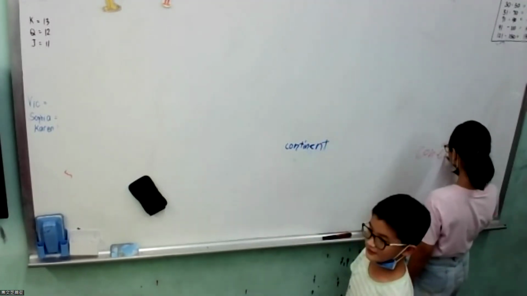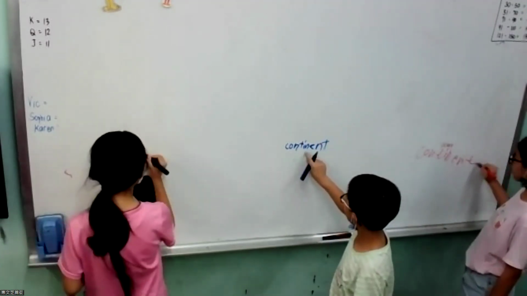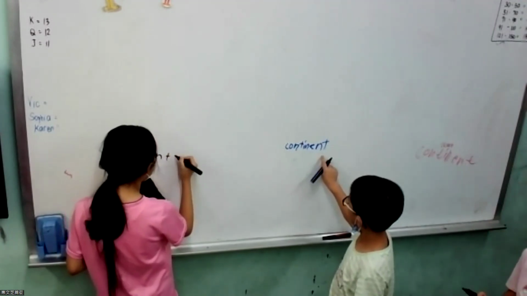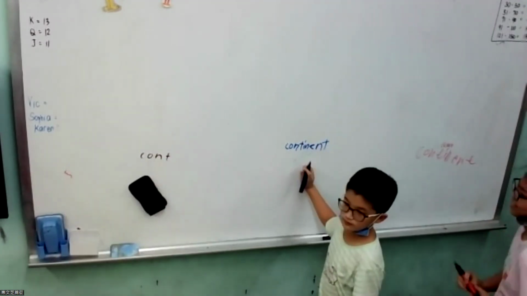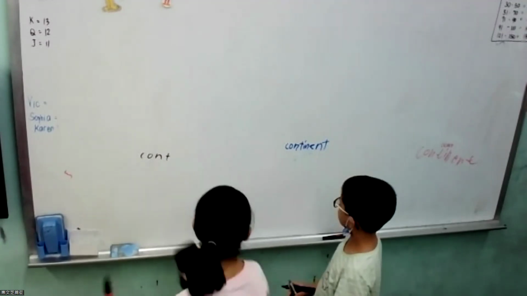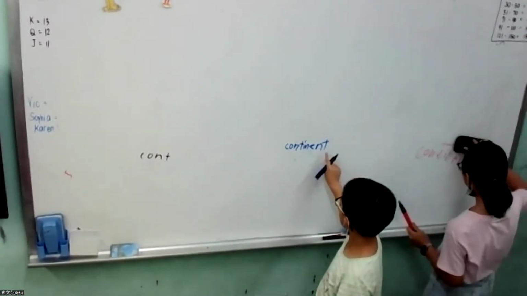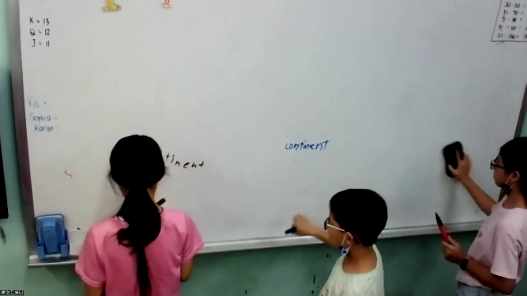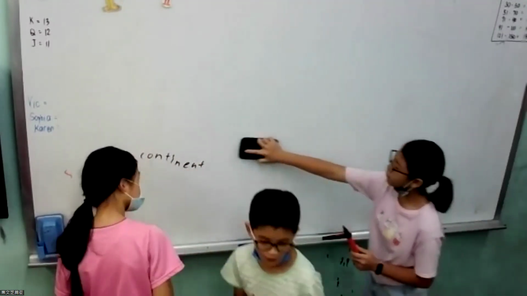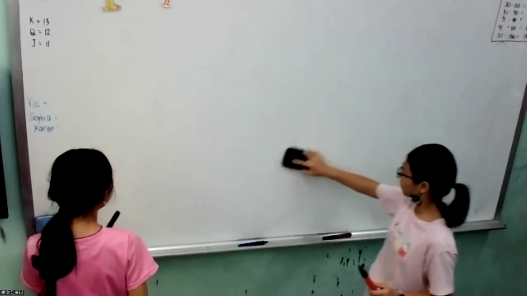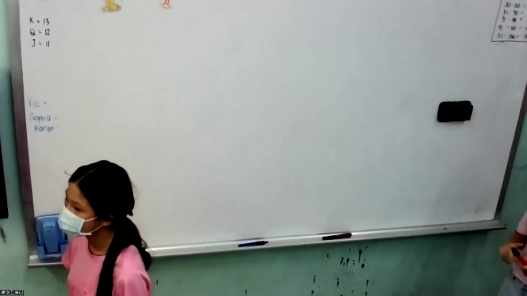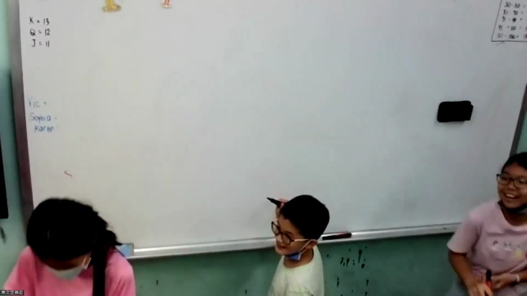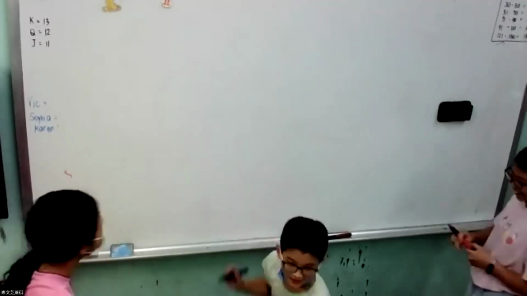Okay, correct answer, continent. That is the land area. Vic, you get one card. Next, what do you call the water? That is the ocean.